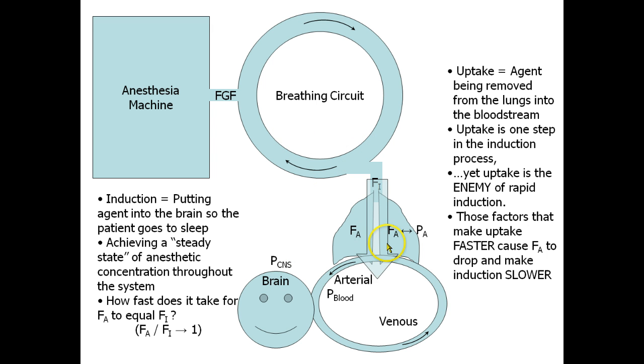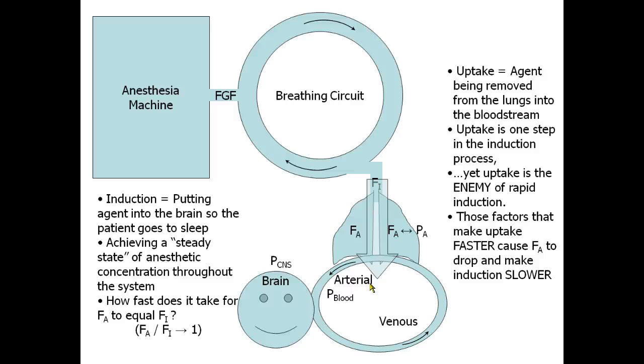Uptake, which is this arrow, is just one step in induction. Uptake is just agent going from the lungs to the blood. And it's one step in induction, but here comes the part you're going to have to think about for a while. Uptake is sort of like the enemy of rapid induction, because the factors that make uptake fast cause Fa to drop. And we already said that we want Fa to rise rapidly.